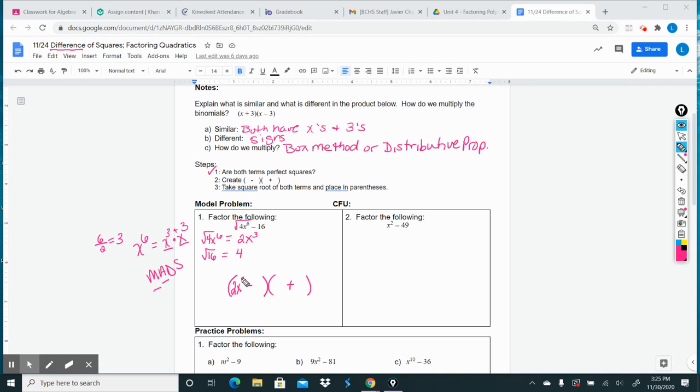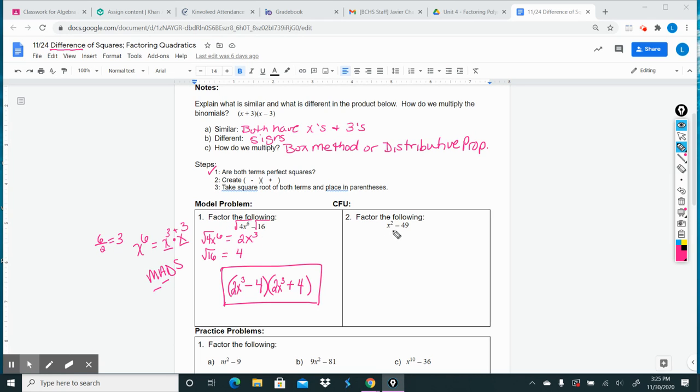So 2x to the 3rd goes here and 2x to the 3rd goes here, the first term of each set of parentheses. The 4, which is the square root of 16, goes in the second position of each set of parentheses. And there you have the factored form of the difference of two perfect squares.